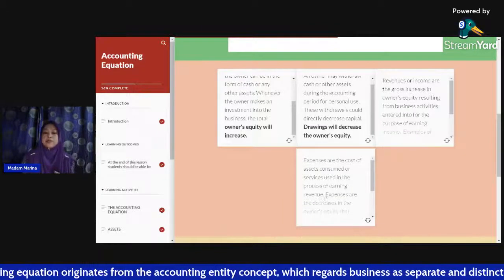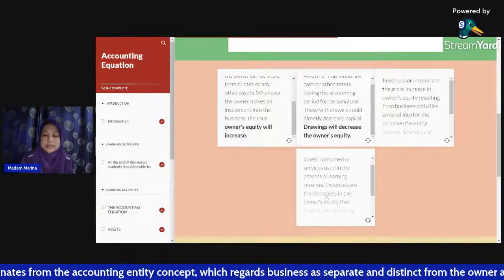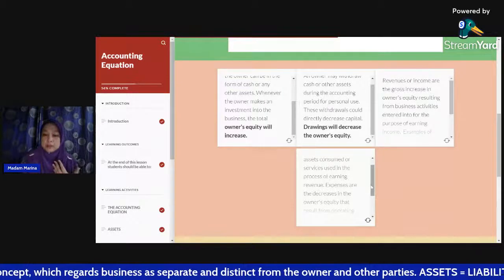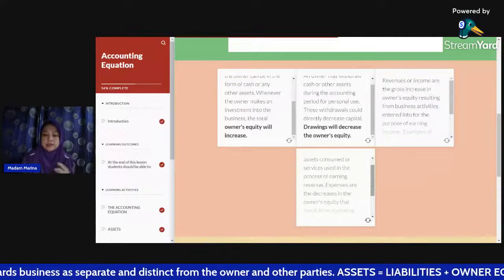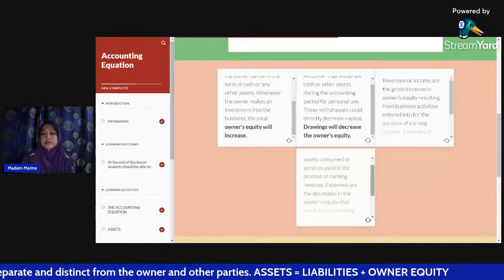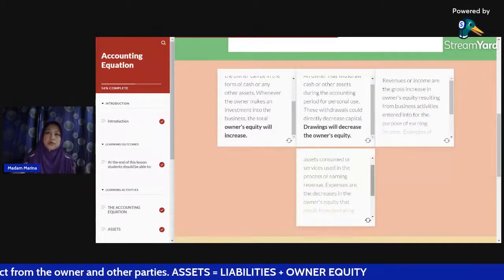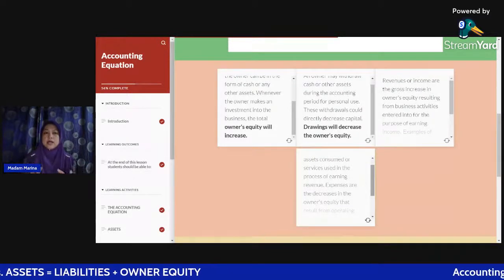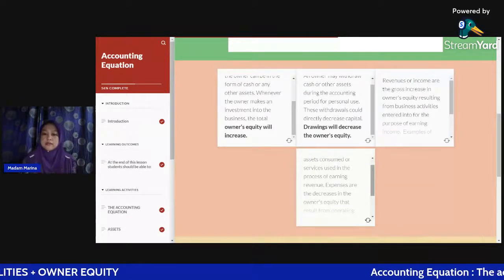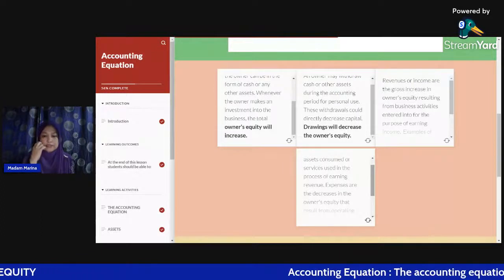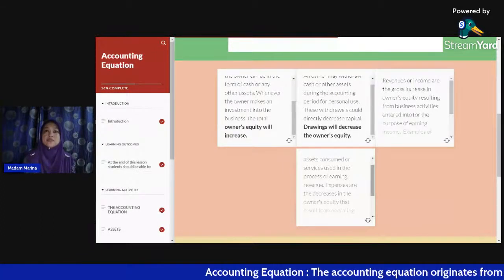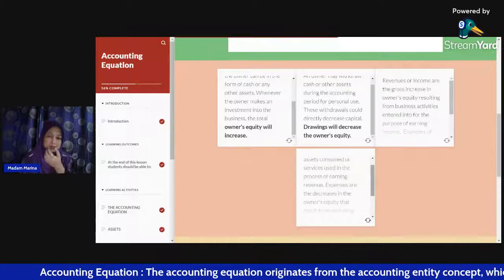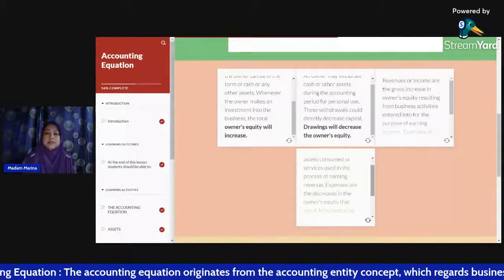For example, rent. Why do we have to rent a building or premises? Because we want to make a showroom, or we want to sell our products. That's for gaining revenue. That's what we call expenses. Whatever we spend with the purpose of obtaining revenue and sales, that's what we call expenses.